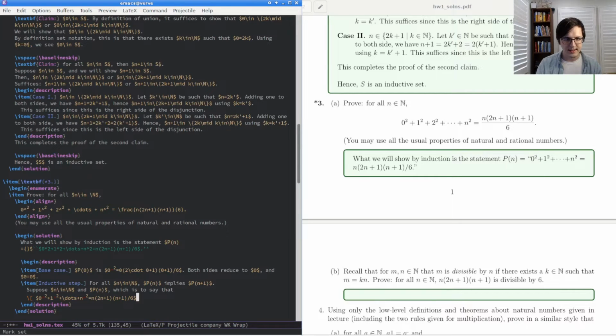And let's set this off as a separate equation. Okay, so what we want to show is that when we substitute n plus 1 for n, we get a true statement too.